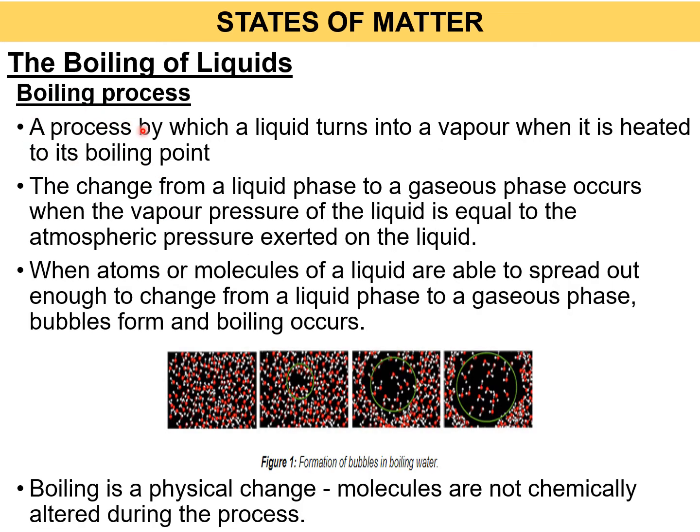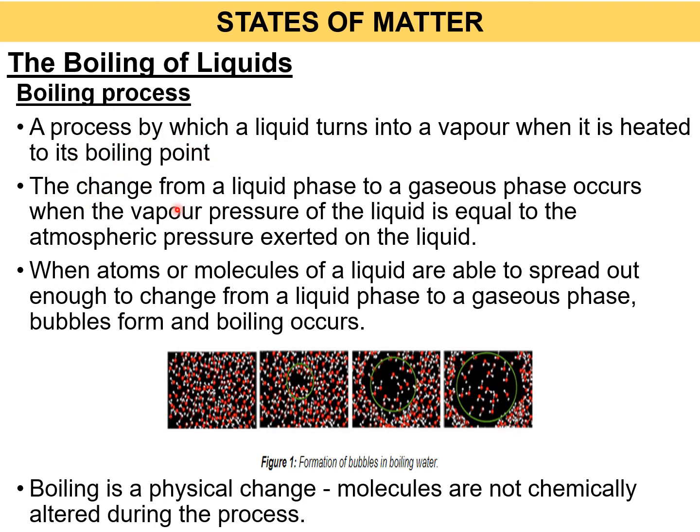Okay, to describe boiling process in liquids, this is how you describe it. You boleh bagi tahu macam mana bila liquid tu dia boil. Proses tu berlaku di mana liquid tu akan turns into a vapor bila you start panaskan dia until dia sampai dia reach to the boiling point.